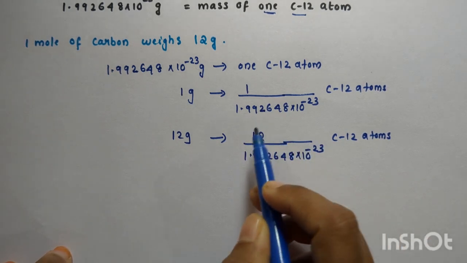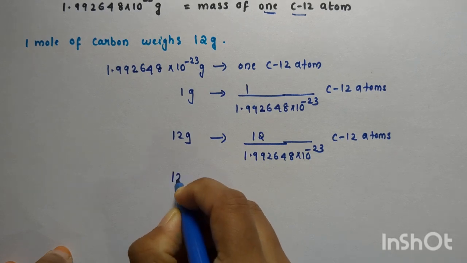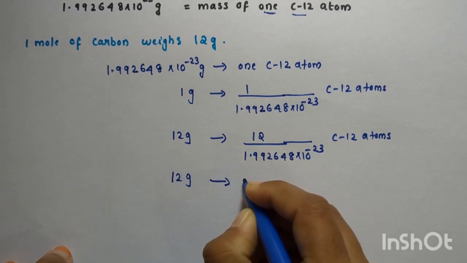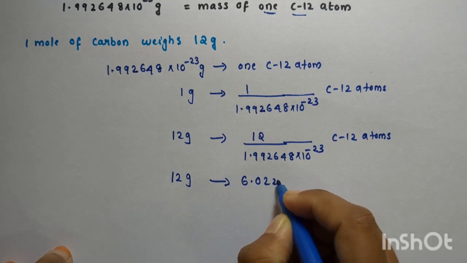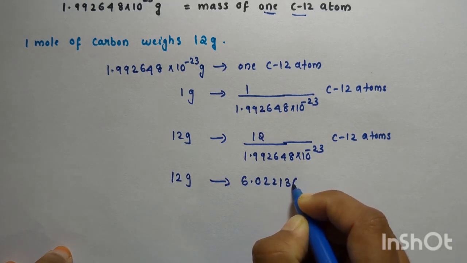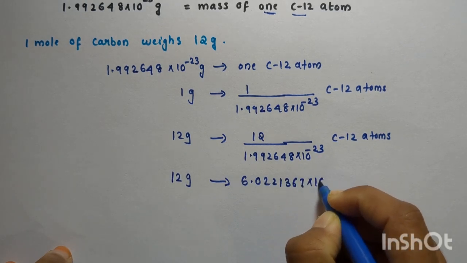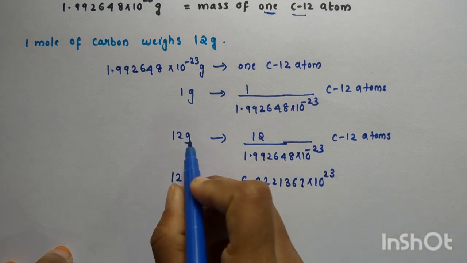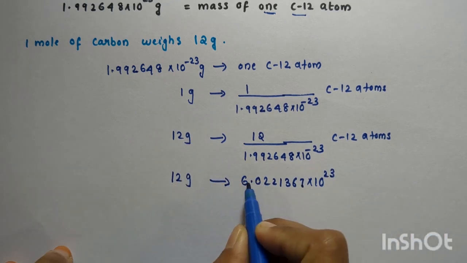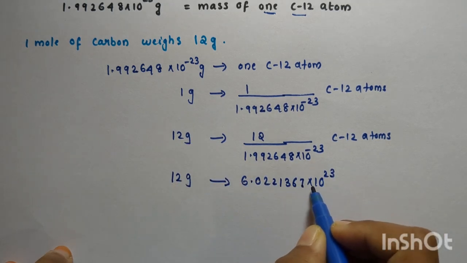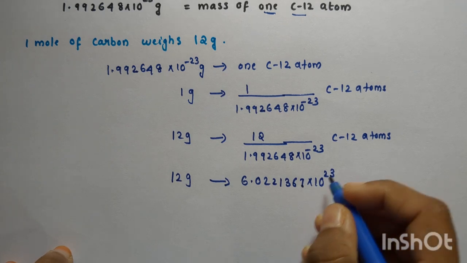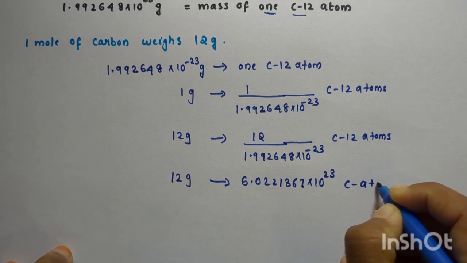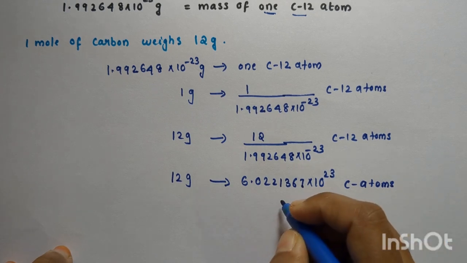When you find this ratio, you will get 6.022. That is, 12 divided by this value will give you 6.0221367 × 10^23. That is, in 12 gram there will be 6.0221367 × 10^23 carbon-12 atoms.